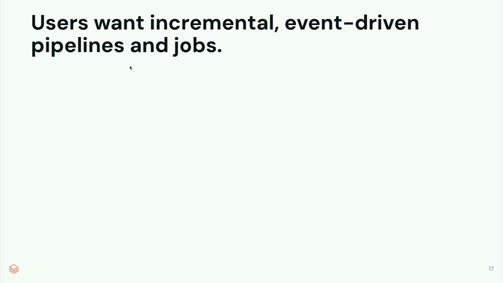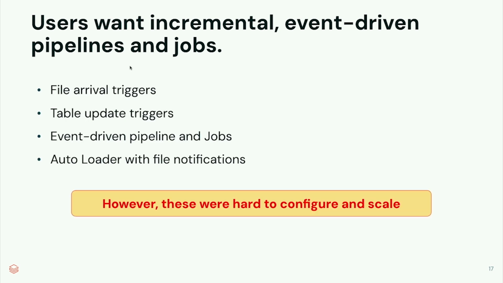So for that reason, the feedback that we have gotten from our customers is that they want to ingest data incrementally using an event-driven approach as opposed to running it continuously. And for that, they are using the file arrival triggers to schedule the jobs, and they are using Autoloader with file notifications.